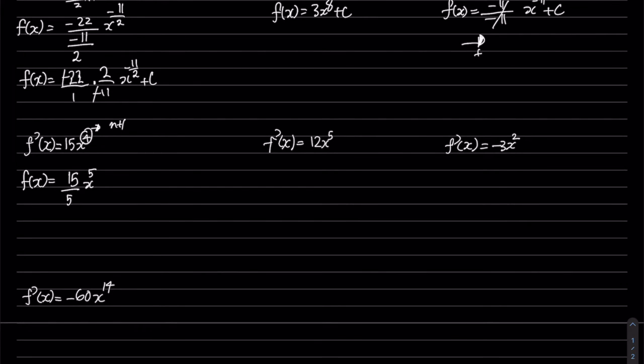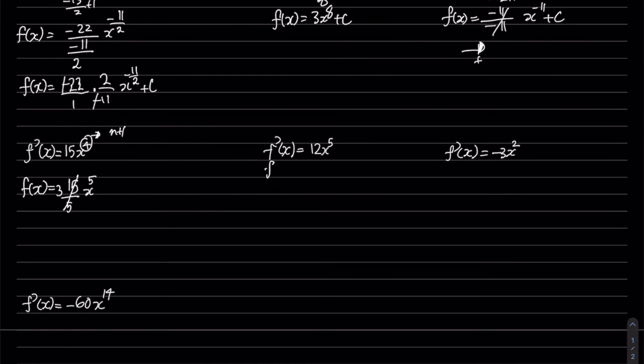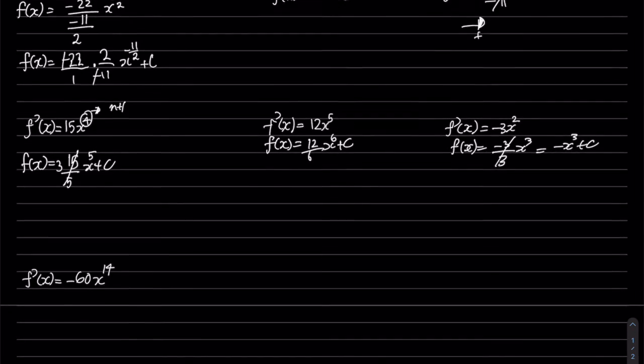X to the 5 gives you 3. F of x is going to be 12 over 6 times x to the 6. f of x will be negative 3 over 3 x to the 3. So negative plus c, plus c, plus c.